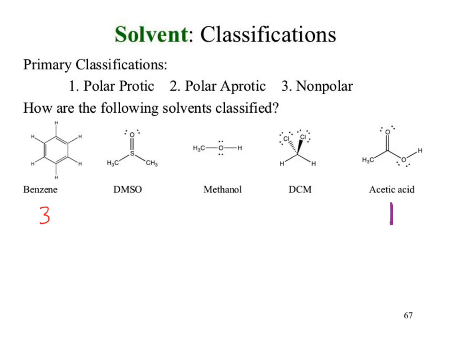Oh wait, we're doing DMSO. That's a 2. It is not protic. Why is it not protic? For it to be a protic solvent, you must have a hydrogen bound to oxygen, nitrogen, or fluorine. There is no hydrogen bound to any one of those elements in DMSO. How about methanol? 1. DCM?